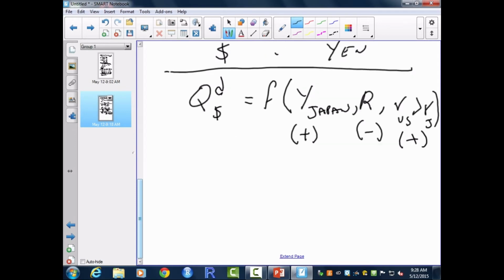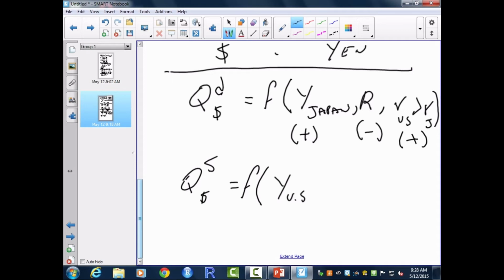How about quantity supplied? Quantity supplied of US dollar. Well, quantity supplied of the US dollar is a function of our income, so US income, number one. If our income goes up, we would want to buy more stuff. We are wealthier, we want to buy more stuff, including more stuff from Japan, right?